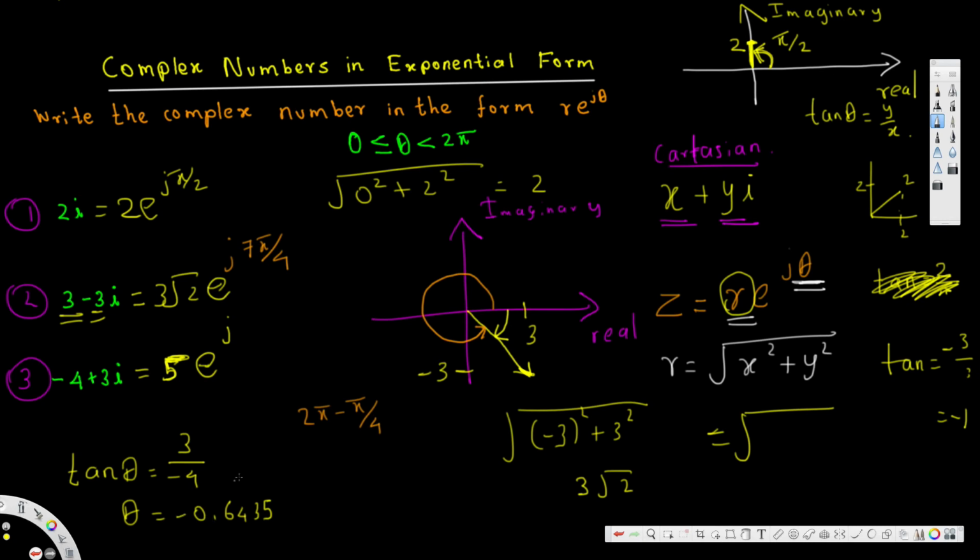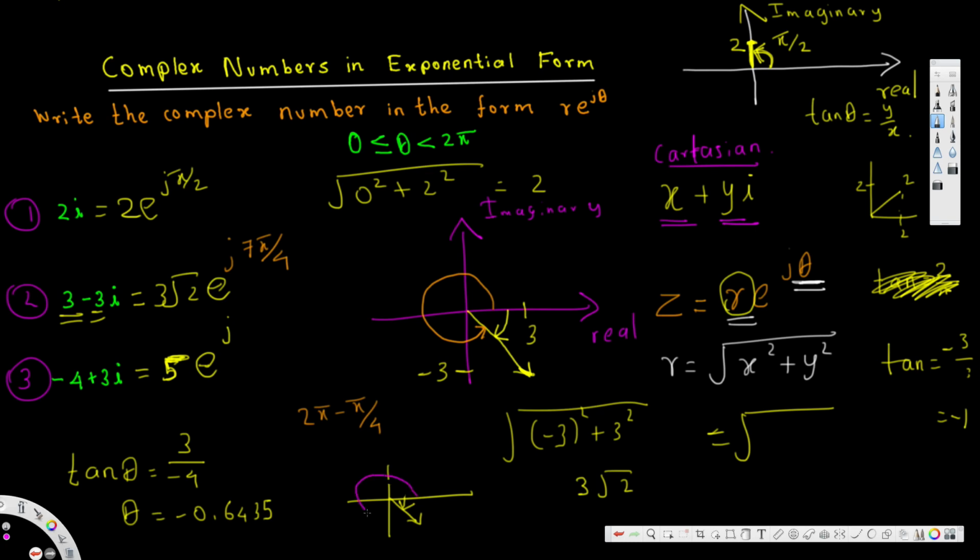Since this is negative, it means it's clockwise from the x-axis. Let's say it's coming from here to here. It shouldn't be starting there, it should start from 0, but just imagine a place. It can be anywhere, but I'm just assuming it's here. Anyway, it's negative 0.6435. It means in clockwise it's this distance, but we have to calculate the counterclockwise.